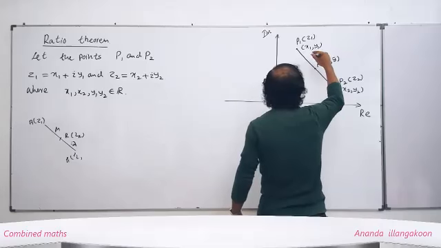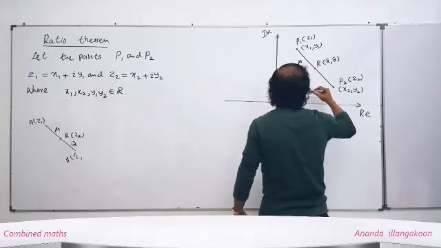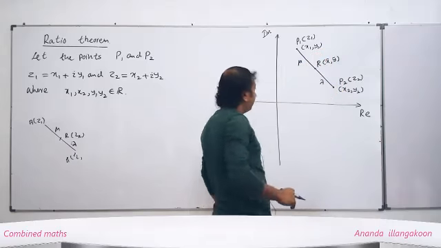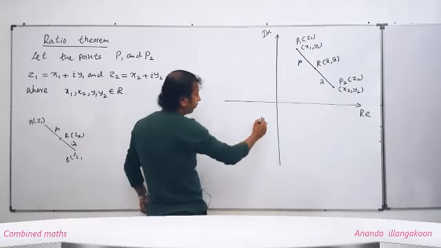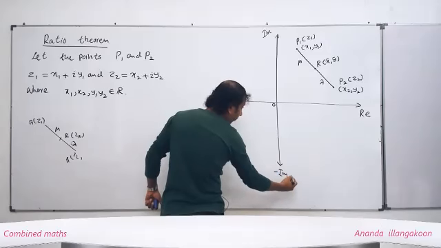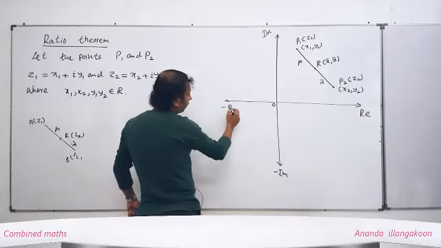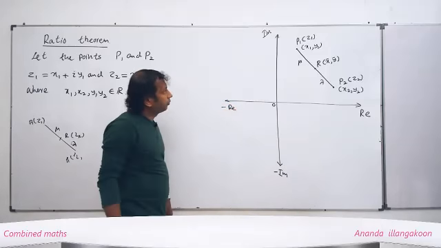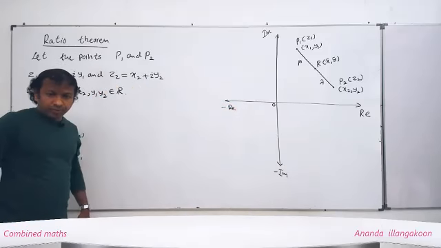P1R is mu, people. P2R is lambda. Okay, draw this diagram. This is the origin. Negative imaginary axis, negative real axis. Draw the diagram, people.